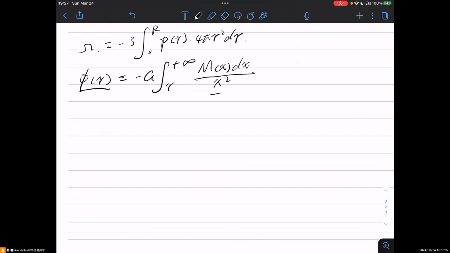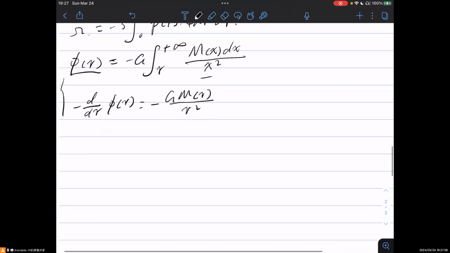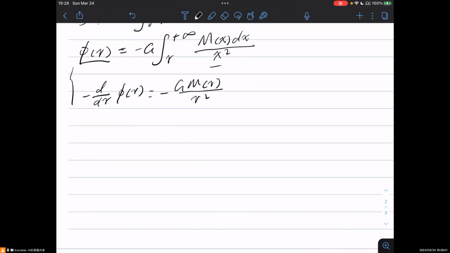We use a different variable here because we want to distinguish it from the original variable r. It can also be r prime or other things. And we know that the minus derivative of the potential will be the gravitational force per mass, minus G m(r) over r squared, just like the condition in electrodynamics. It's just the same.